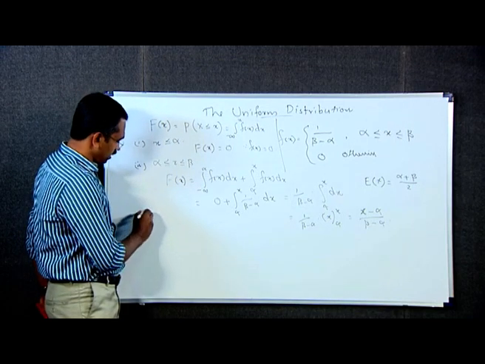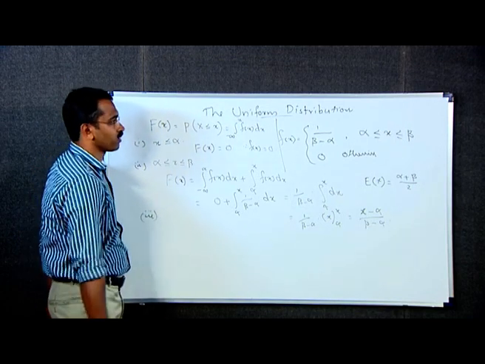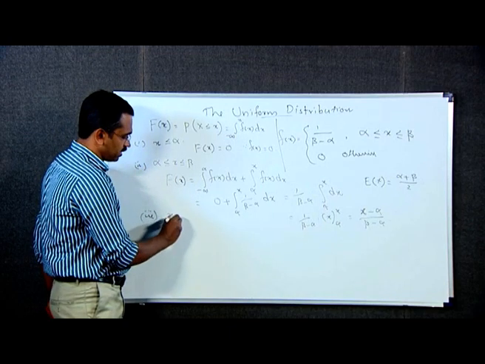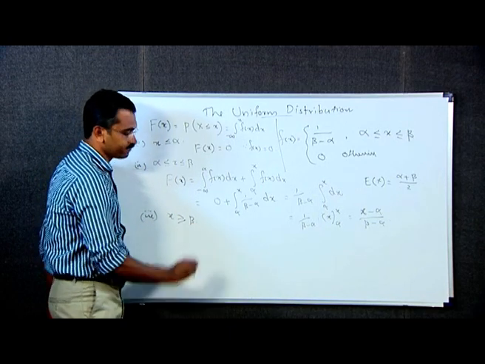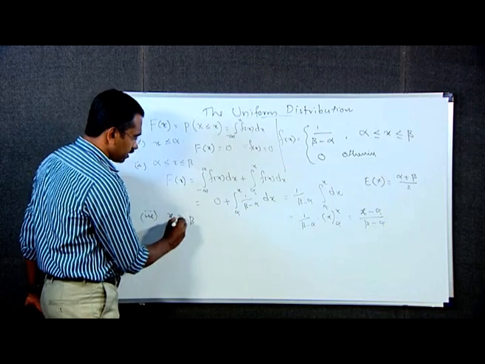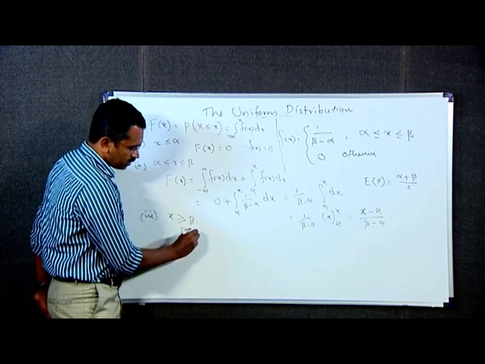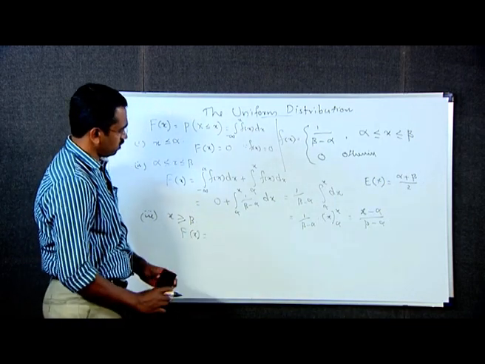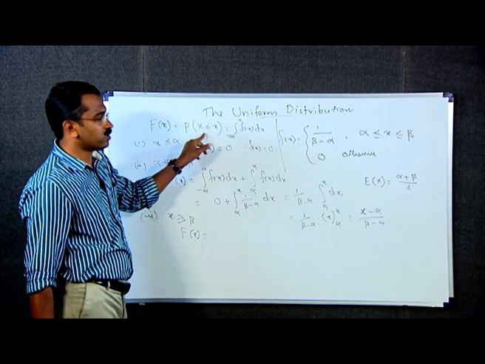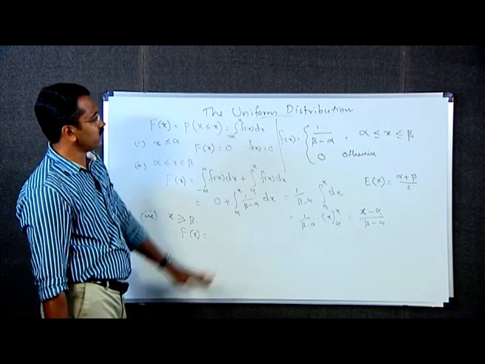Now, consider the third case as x is greater than or equal to beta. In this case, the definition of the cumulative distribution function is this.